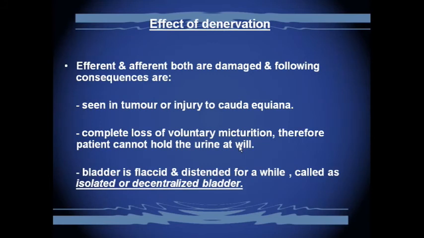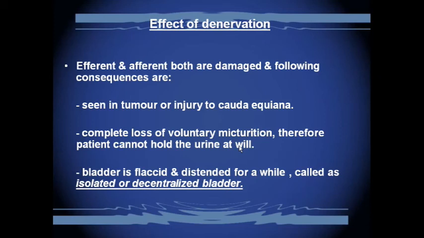So if there is a tumor or injury to the cauda equina, there will be complete loss of voluntary micturition. Therefore the patient cannot hold the urine at will. The bladder is flaccid and distended for a while, called isolated or decentralized bladder.